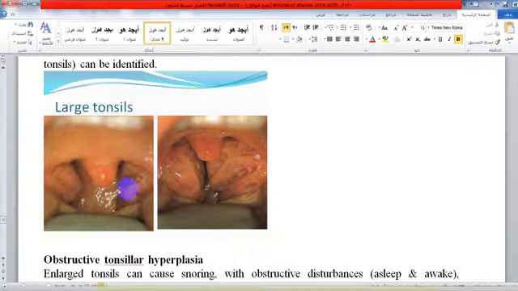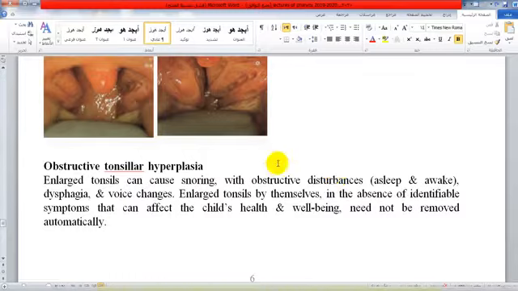Now we go to obstructive tonsillar hyperplasia, when the tonsils are very large. Large tonsils can cause snoring with obstructive disturbances asleep and awake, dysphagia and voice changes.